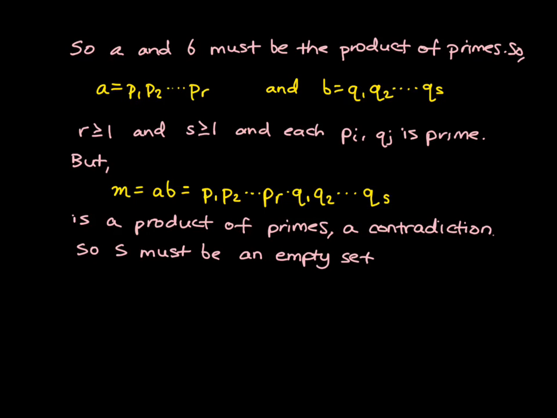So if we take all the integers that are greater than 1 that are not the product of primes, we get an empty set. So that tells us that every integer n greater than 1 is a product of primes.